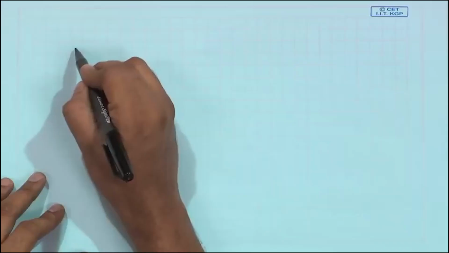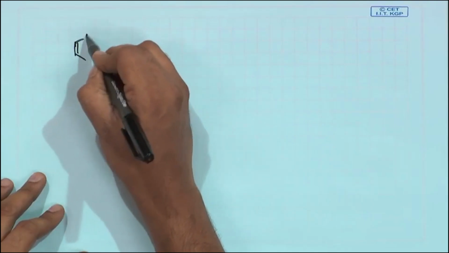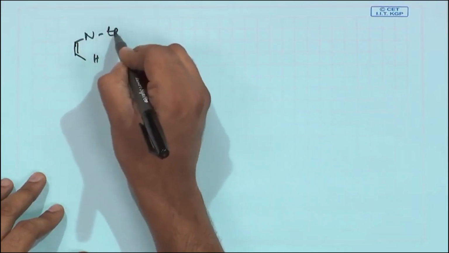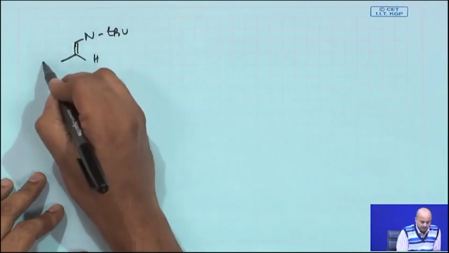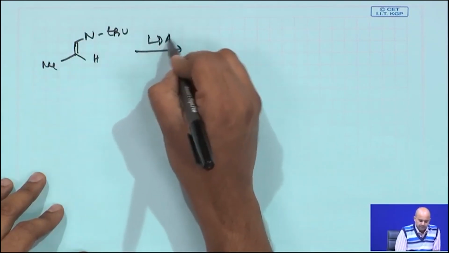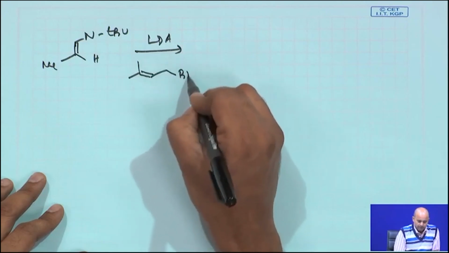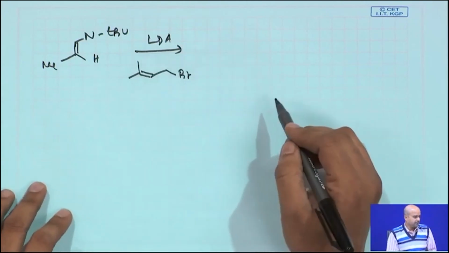Compounds like acetaldehyde, which are not easily alkylated, you can initially convert to the corresponding imine, which I just explained in the earlier slide. Then you react with LDA and instantly put in this electrophile, which is prenyl bromide.